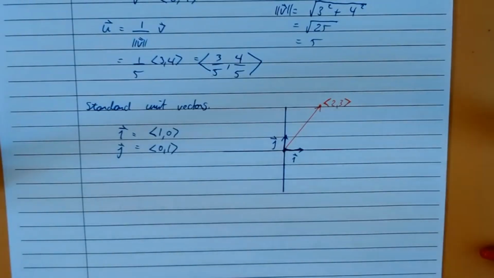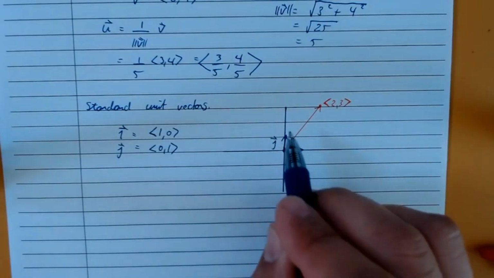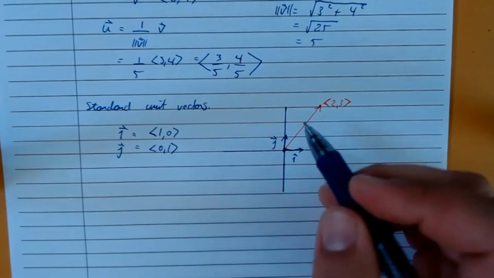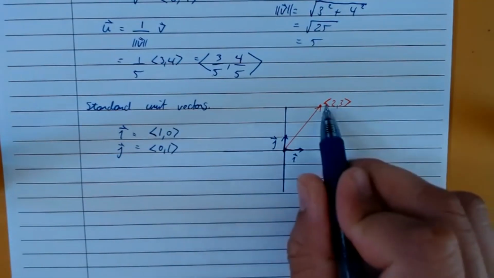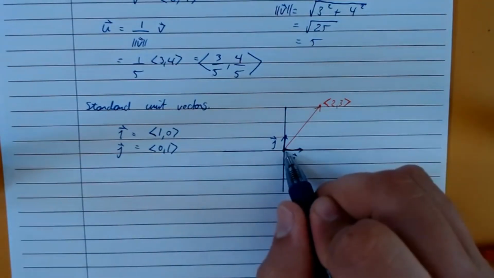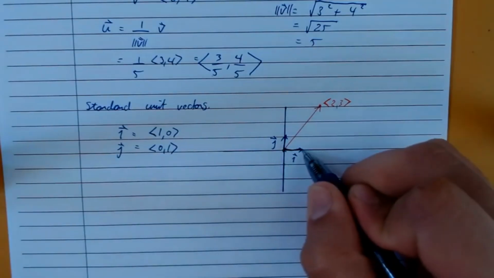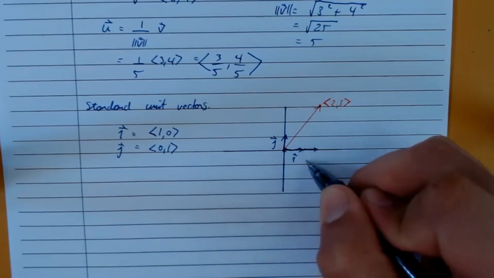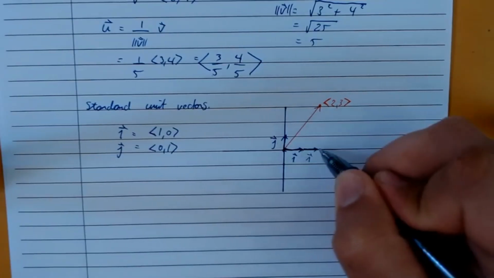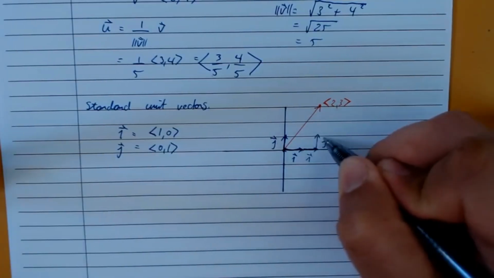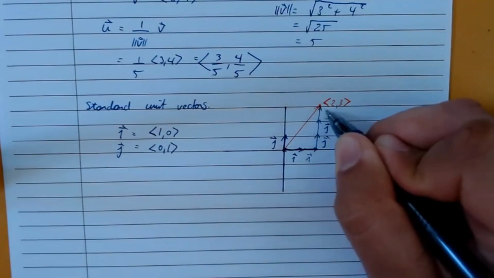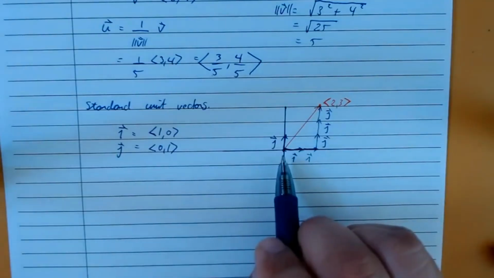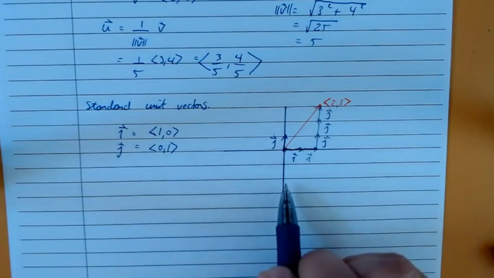Another way of writing the vector, however, is as a linear combination of the standard unit vectors. Basically, you can take these unit vectors and just add copies of them together until you get up there. So here, I could say that's one i. Okay, let me add another i. Now from there, let me add a j, and another j, and another j. Remember, vector addition is just sequential application of a vector.